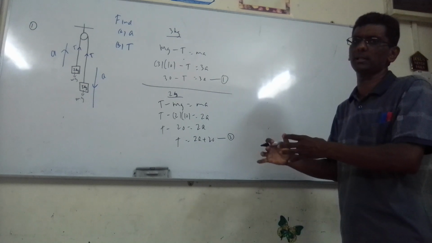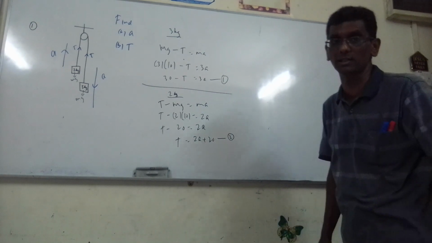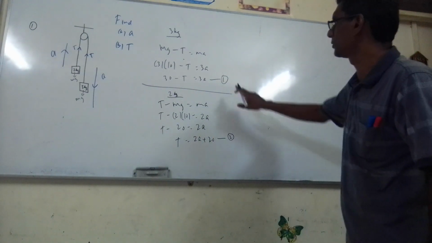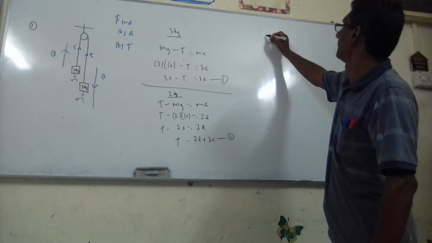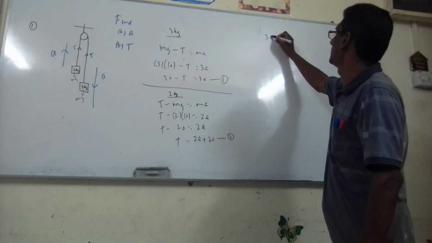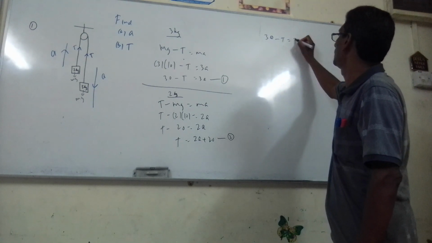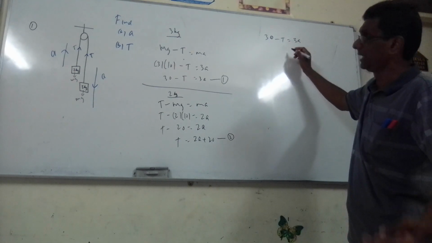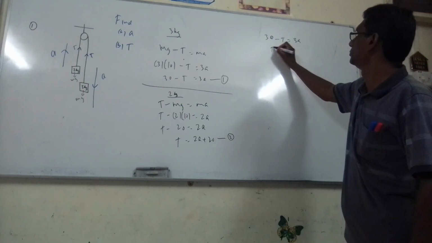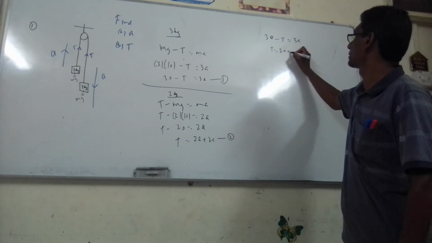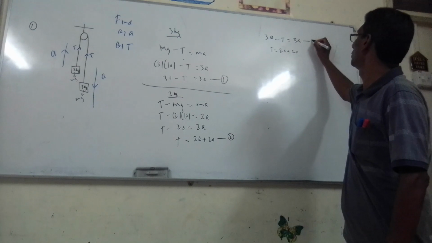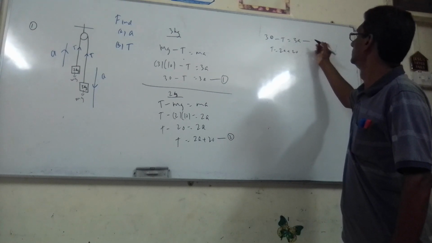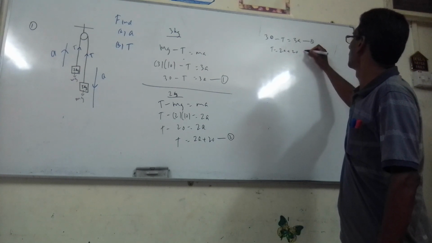So you must solve the simultaneous equations. Equation 1 is 30 minus T equals 3a, and equation 2 is T equals 2a plus 20. Substitute equation 2 into equation 1.